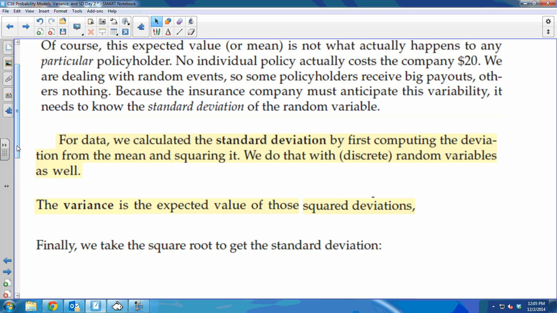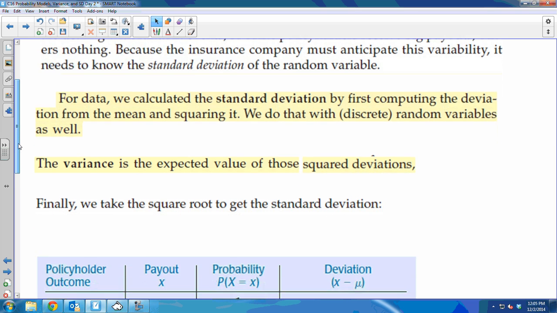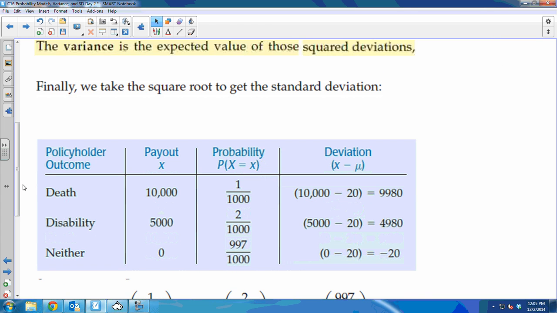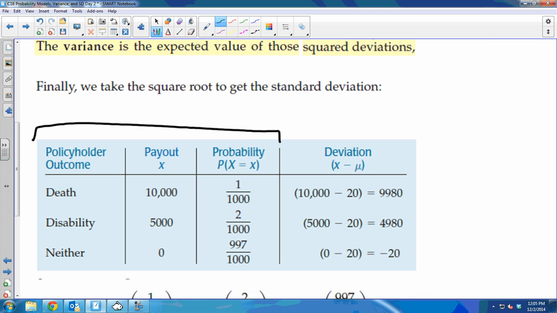So let's put that into practice. I'm going to show you an example. Here is your probability model from yesterday about the insurance. This should look familiar. What they did is they found the deviations of the payouts from the expected value. So you had x minus mu. They took 10,000 minus 20, 5,000 minus 20, 0 minus 20. Everyone sees where that comes from. Those are the deviations from the mean.